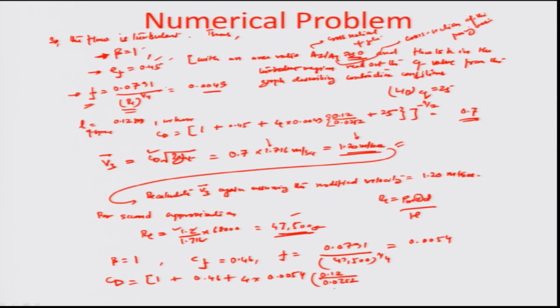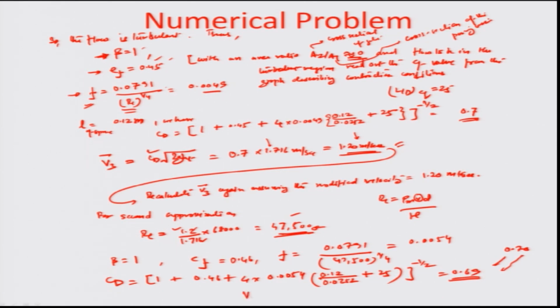The bigger diameter is the pouring basin side, as I had earlier illustrated, plus the equivalent length which causes wall friction. All of that to the power of minus half, and this comes out to be 0.69. So, it is not really much different from 0.70, and you can say that the values have kind of converged.